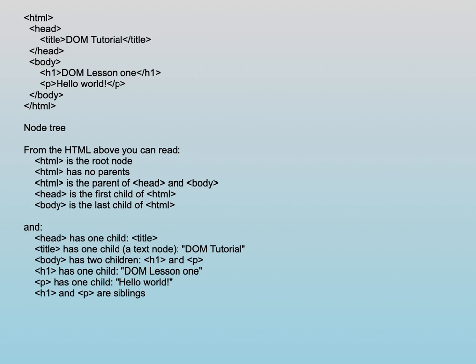Body has two children, H1 and P. H1 has one child, that is the content, DOM lesson 1, and paragraph has one child, hello world. H1 and P are siblings, the children of the body tag. So these are the information you are getting from a simple code specified here.